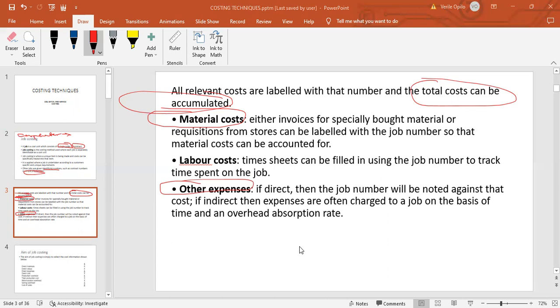So we can't see this cost in the final unit of a product so that we classify it as a direct cost, but we have incurred it simply because the company needed to hire someone or needed to hire this machine for us to have this product ready for sale or ready for the customer. So all expenses that you can attribute to that particular unit have to be recorded under the job cost.